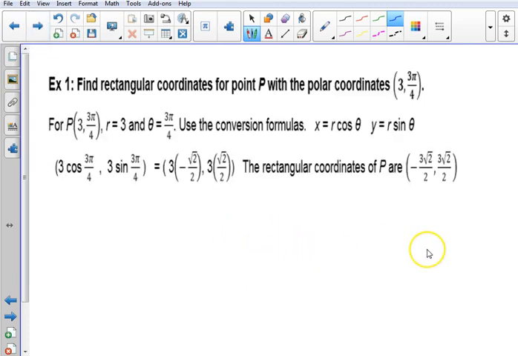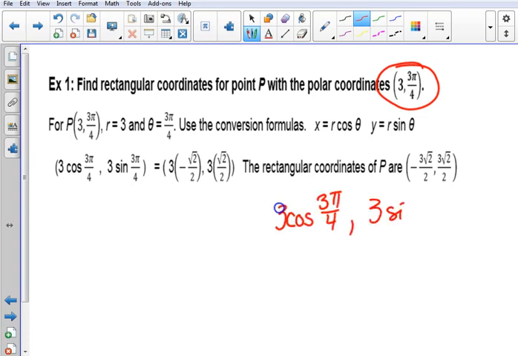All right, so it says find rectangular coordinates for this point, 3, 3 pi over 4. Okay, do we all have our little yellow sheets? Because I would like us to do this in exact form. So when we write down the ordered pair, it should be 3 cosine of 3 pi over 4 and 3 sine of 3 pi over 4.